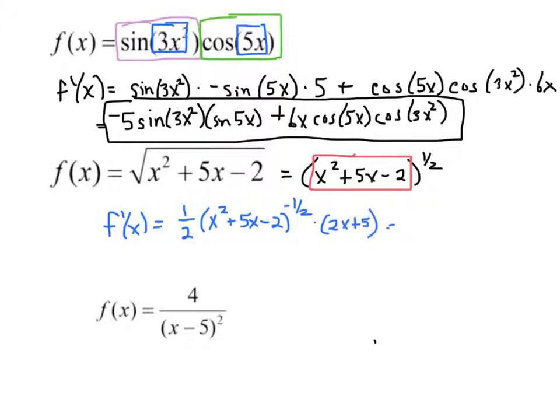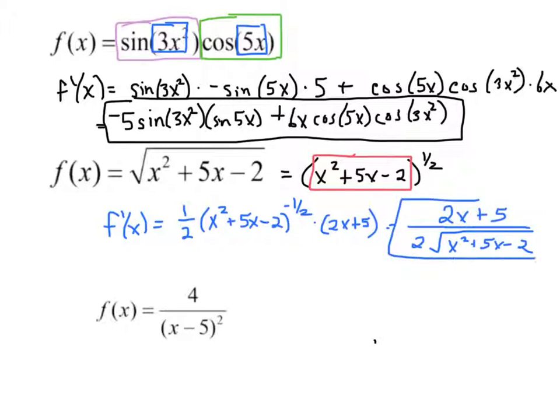Now, what ends up on the denominator? Well, we've got a 2 from that 1/2, and we've got the x squared plus 5x minus 2 to the 1/2, but I'm going to write it with a square root. It's the square root of x squared plus 5x minus 2. And what's left on top is a 2x plus 5. So there's my derivative.